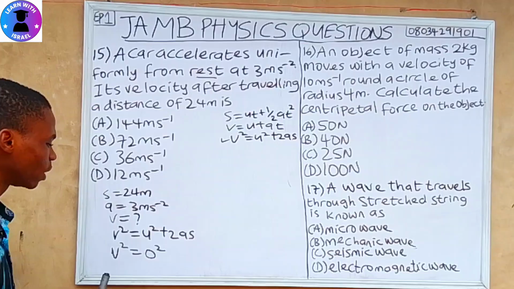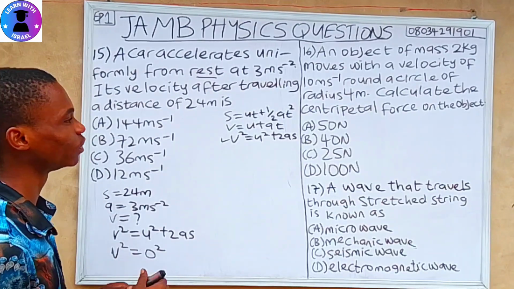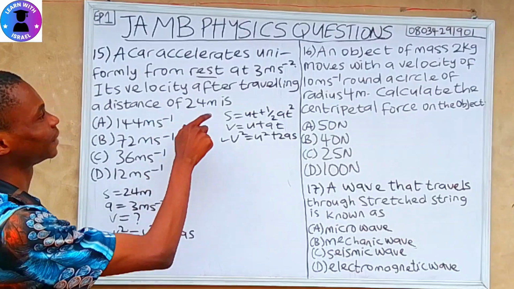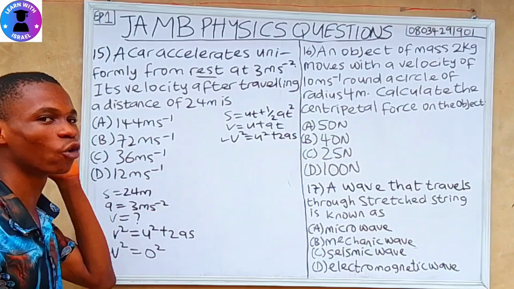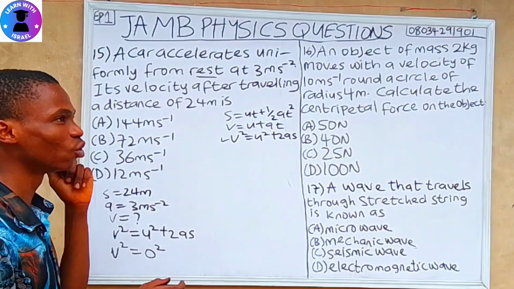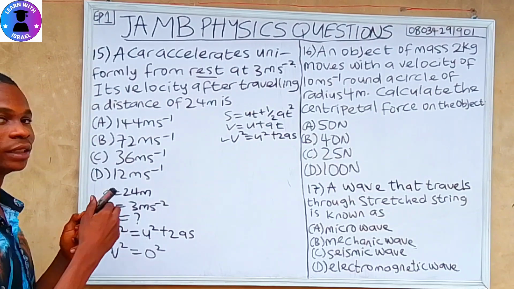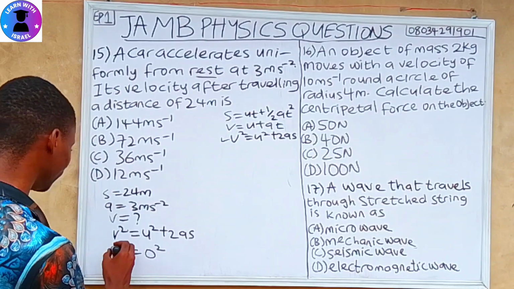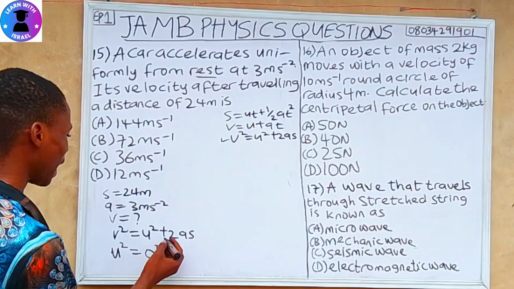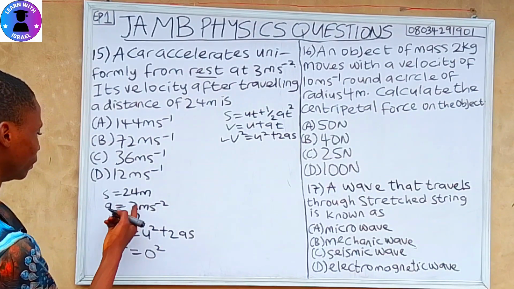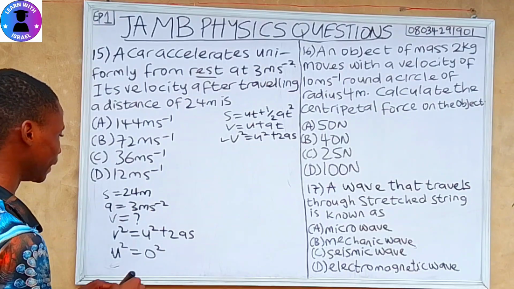So in your question, if you are not given your initial velocity, u, and the question states that something is starting from rest, you should know it is 0, because anything from rest is automatically 0. Our a, which is acceleration, is 3 meters per second squared, and our s is 24.